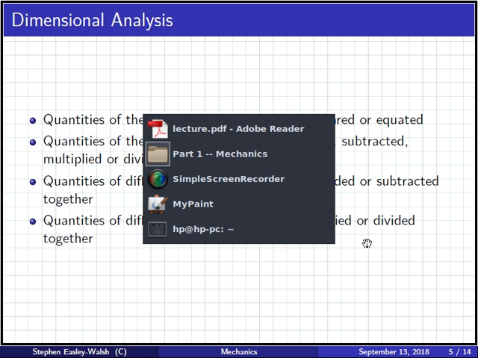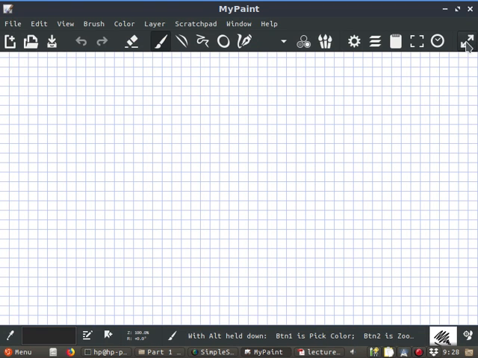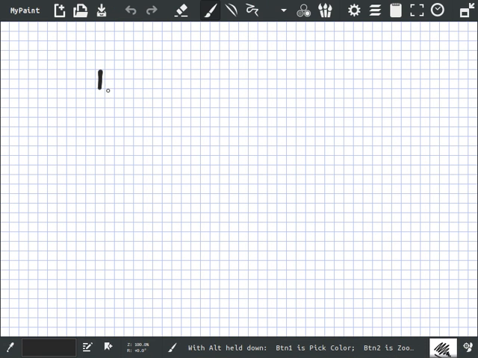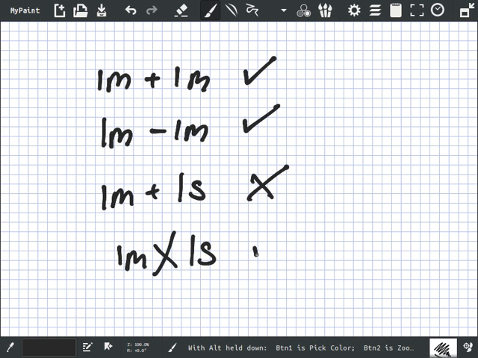So for example, you can say 1 meter plus 1 meter. That's fine. You can say 1 meter minus 1 meter. That's fine. You cannot say 1 meter plus 1 second. That's no. But could you say 1 meter multiply 1 second? You can.